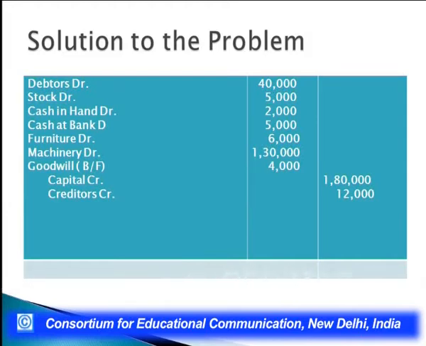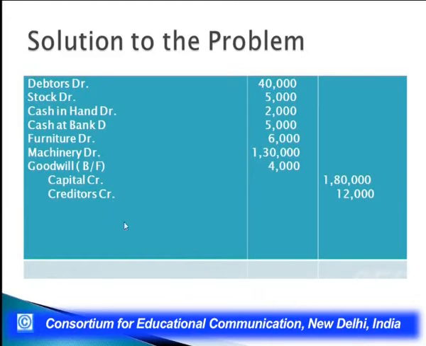Stock, being an asset, 5,000 is given, would be debited. Cash in hand is given for 2,000 and cash is an asset, need not say, would be debited. Cash at bank, it is a bank balance and again an asset, would be debited. Furniture 6,000 is given, would be debited. Machinery again is a very important long term asset and it would be debited 1,30,000.